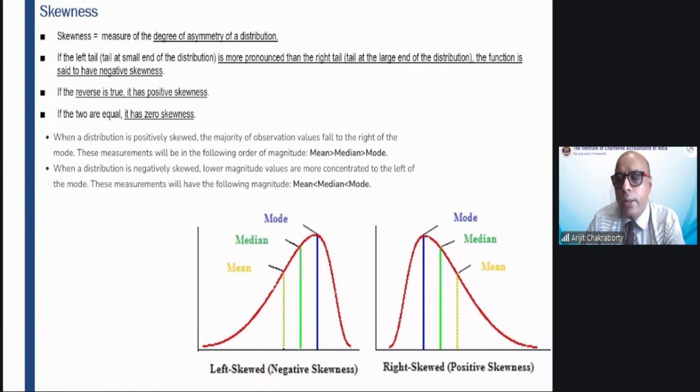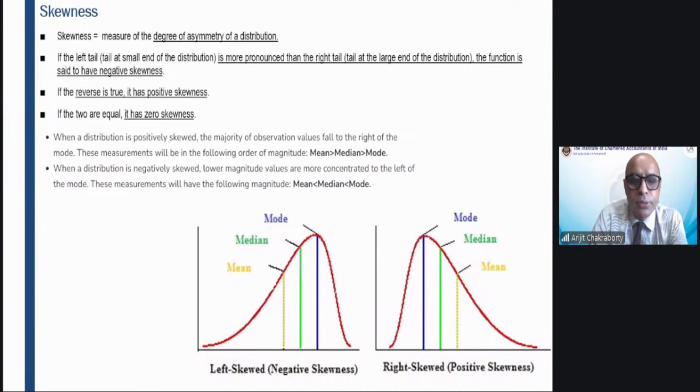On the other hand, kindly observe, dear students, the slide. We go to the right side diagram. If you look at the diagram on the right side, you can see that here mode comes first and then median and then mean. Of course, median will be in the middle. But if you see, the first and third positions are getting interchanged.